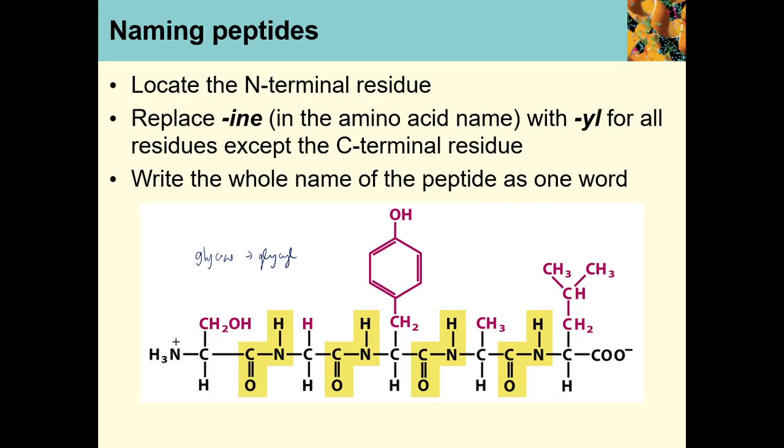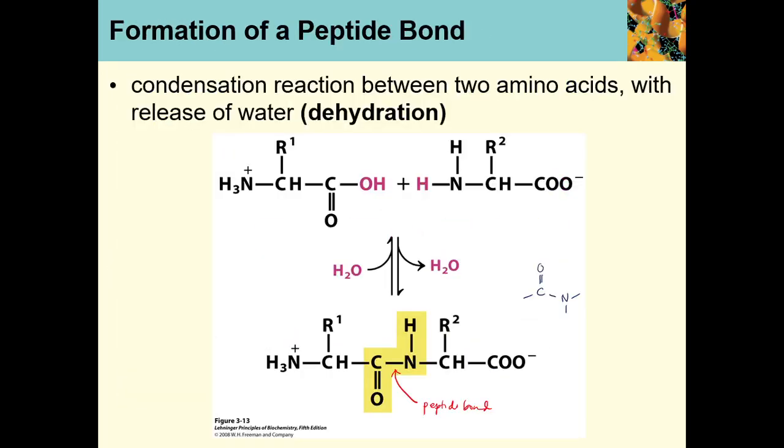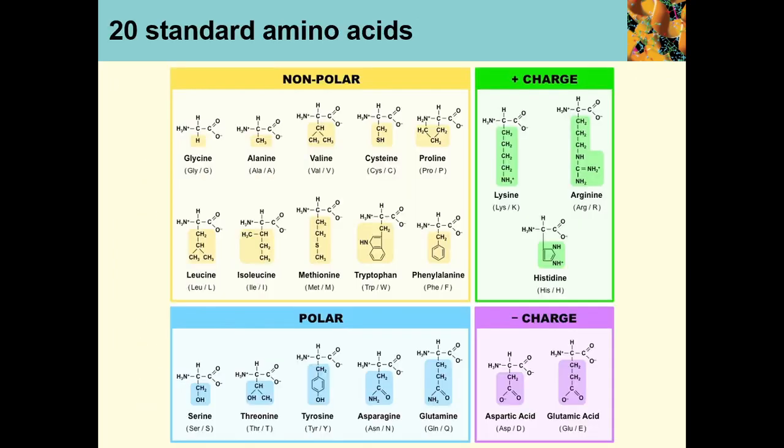Okay. So before we proceed with the naming, let's go back to the table of the 20 standard amino acids. If you have your glycine, this will now become your glycyl. Your alanine will become alanyl. Your valine will become valyl. Your cysteine will become cysteinyl.